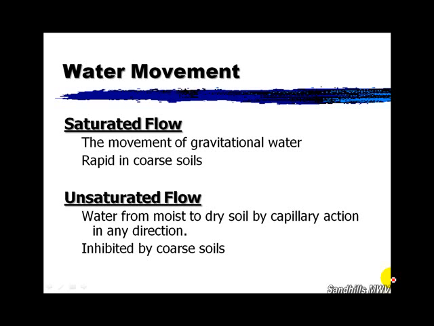The water's not going to be as easily wicked through a coarse soil. And through gravel, it's probably not going to wick back up. So there's a different way to think. Again, think about the three-dimensional things that are going on in the soil. Unsaturated flow is pretty much all directions, saturated flow down.